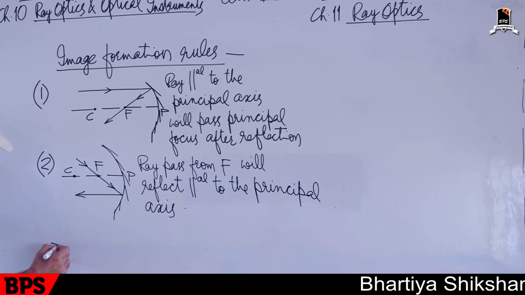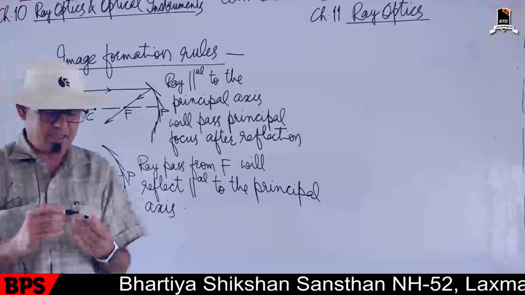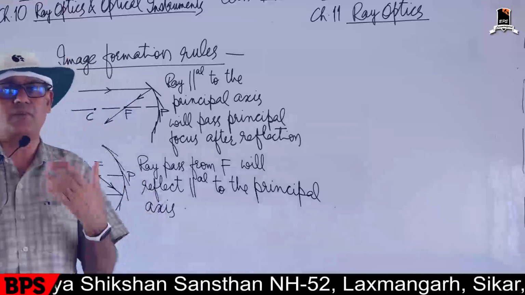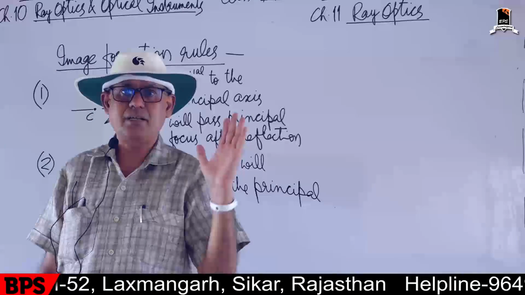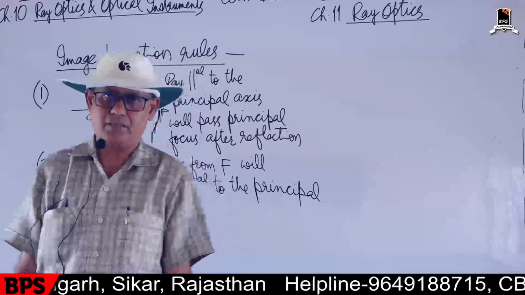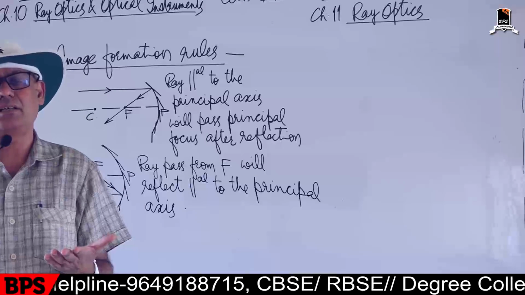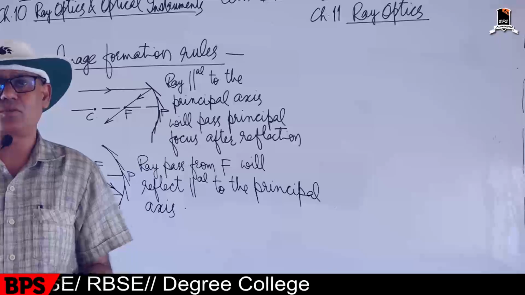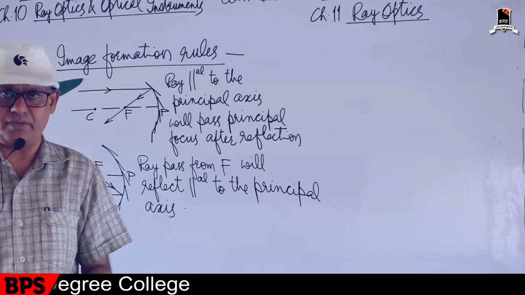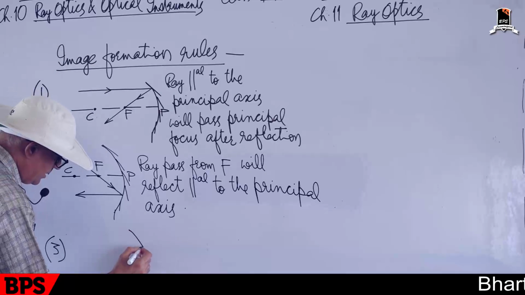Third one is, if some ray is passing through the center of curvature, then it will reflect back in the same direction. It will just revert its direction and will again reflect back through the center of curvature. In the ray diagram, you can see this.